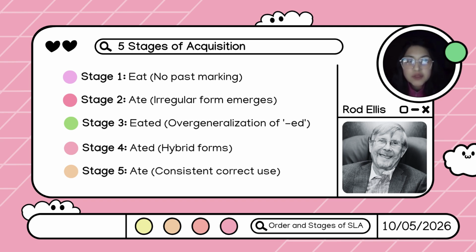In stage 2, they start producing the correct irregular form "ate." However, in stage 3, they begin to overgeneralize the regular -ed rule to every verb, producing "eated." Stage 4 involves hybrid forms like "ated." And finally, in stage 5, they return to the correct irregular form "ate."